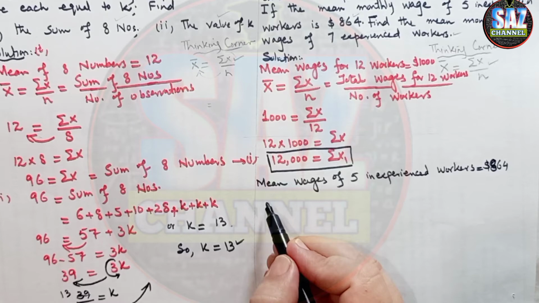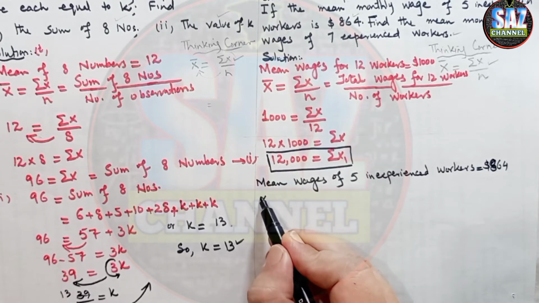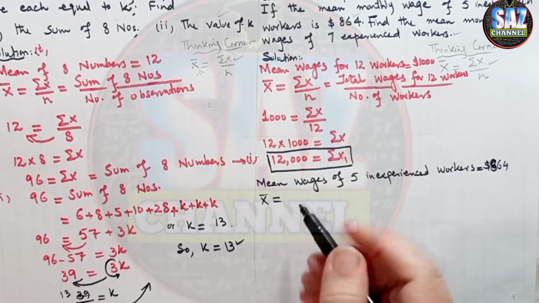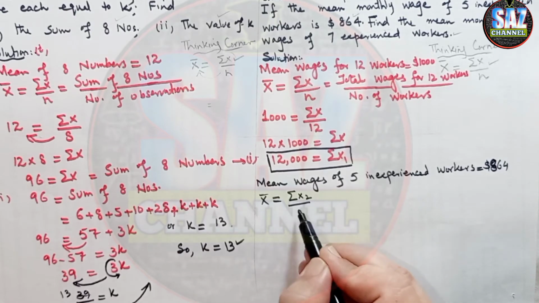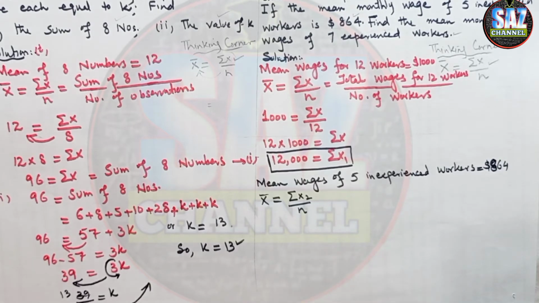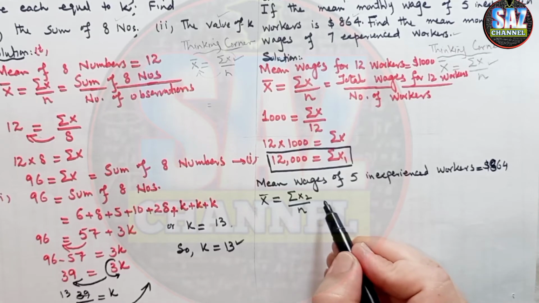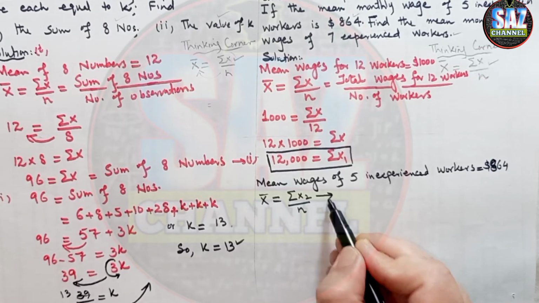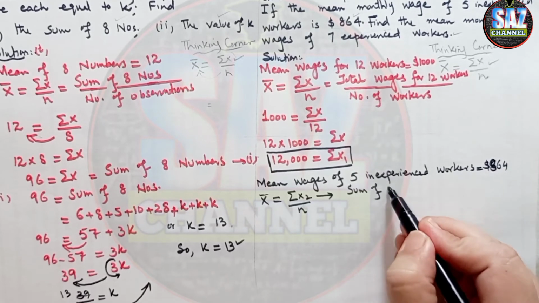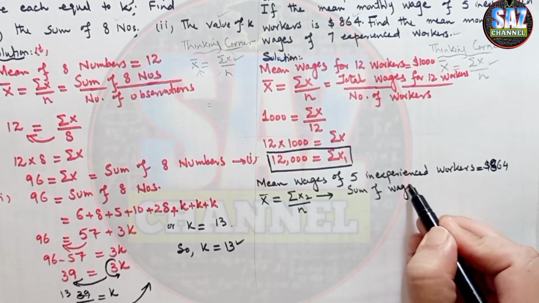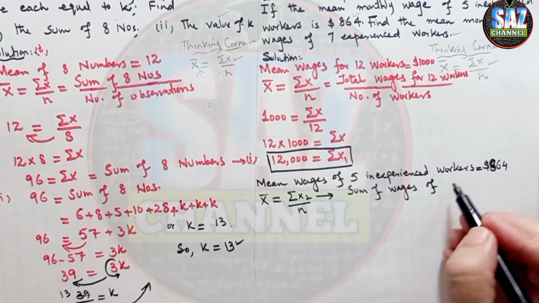So again, x bar equals, let it be summation of x2 upon number of observations, where x2 is the sum of wages of 5 workers.